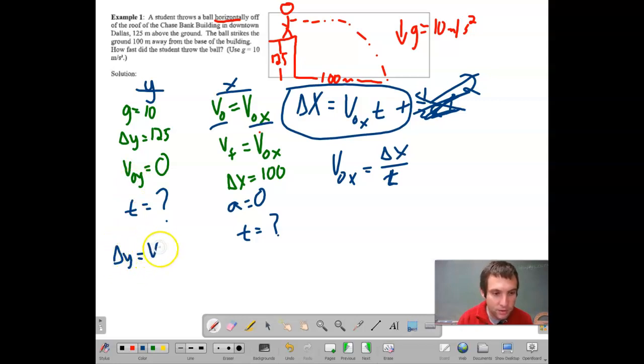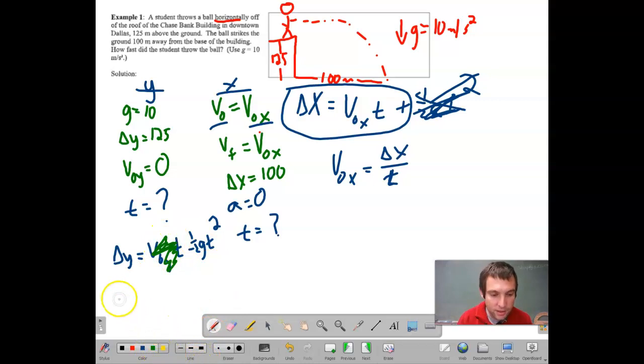Delta y equals initial velocity in y times t minus 1/2 g t squared. The initial velocity in the y is 0, so all of this mess goes away.